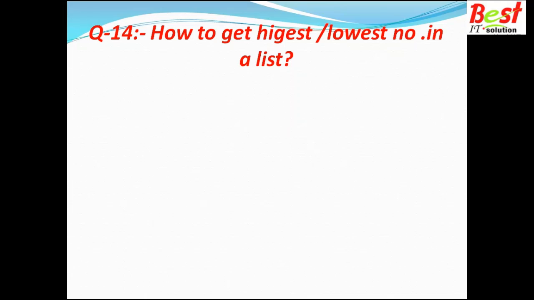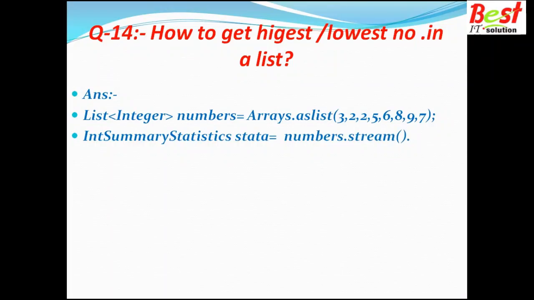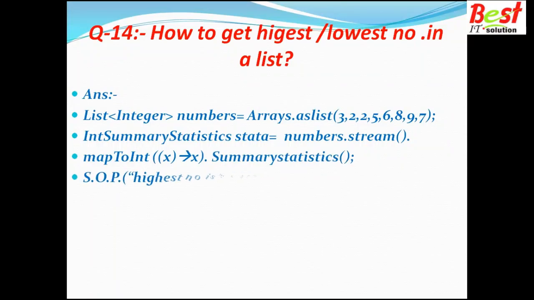How to get the highest and lowest number in a list? Suppose this is the list of integer numbers, Arrays.asList. There is IntSummaryStatistics. With the help of this, we can create the object of it: stats = numbers.stream().mapToInt().summaryStatistics().